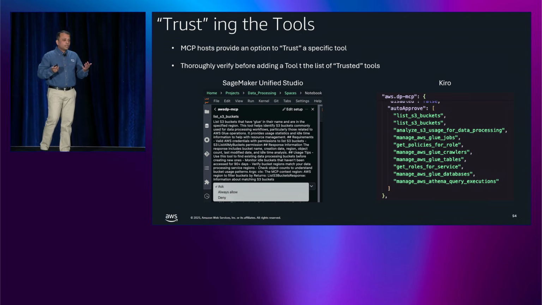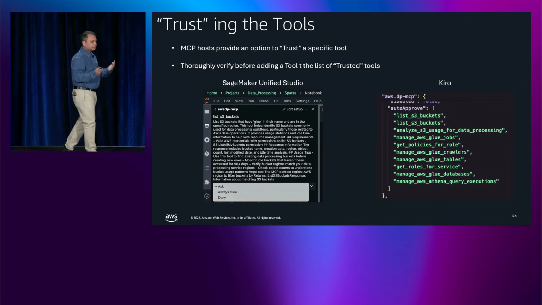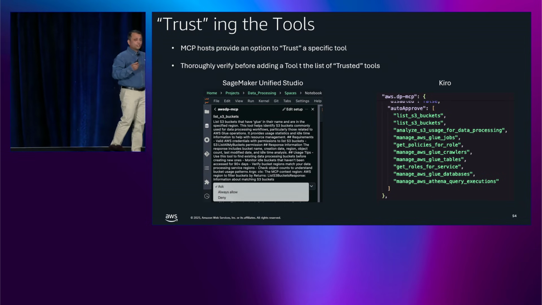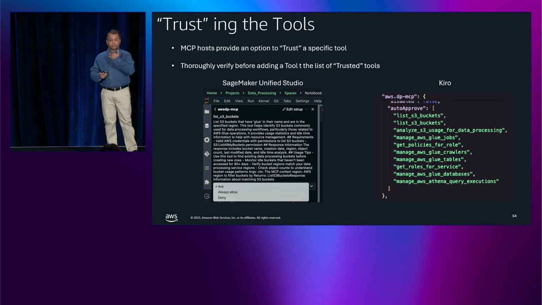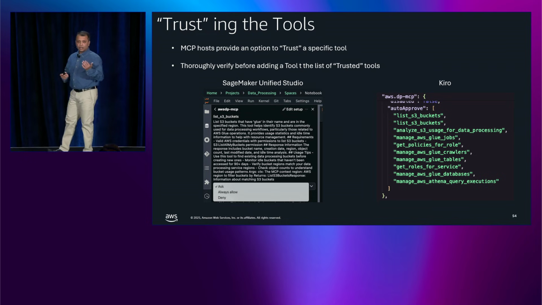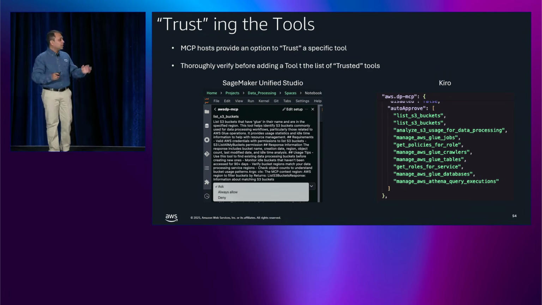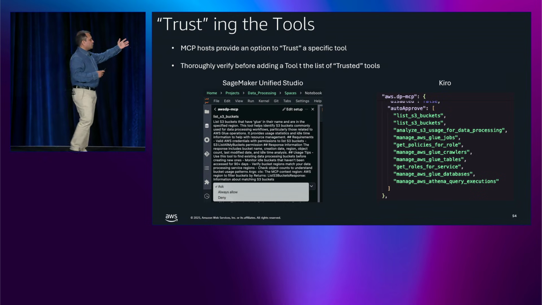So it depends on what your comfort level is and which environment you are working on, right? Depending on which tools you feel comfortable with the agent directly running, versus something where you want a confirmation from your side, you can configure those in these various tools. The left-hand side is SageMaker Unified Studio.